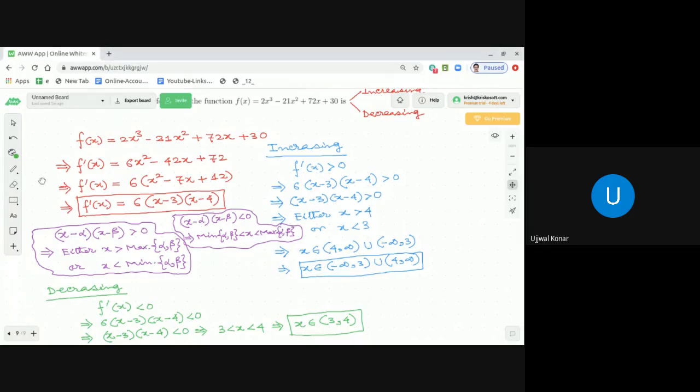So for that, I'm going to share one website with you, that is konarclasses.com. Just give me a few seconds so that I can share the screen with you. Solving problems from this platform will help you a lot.